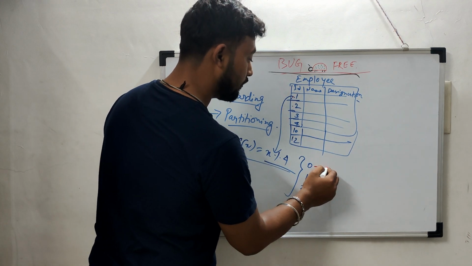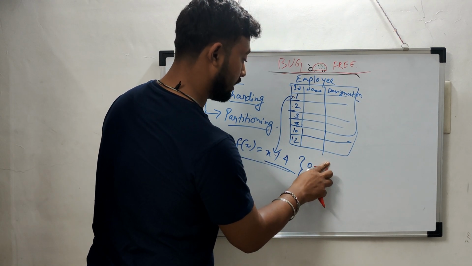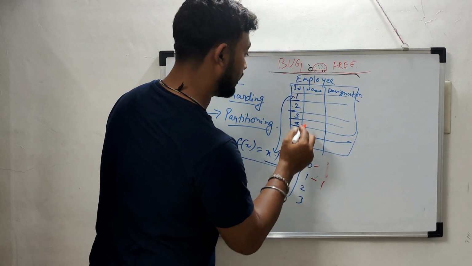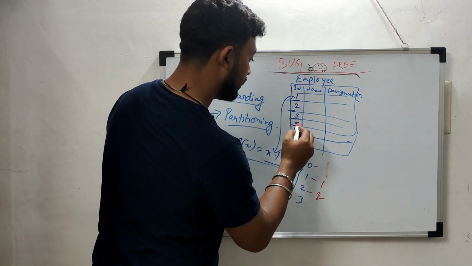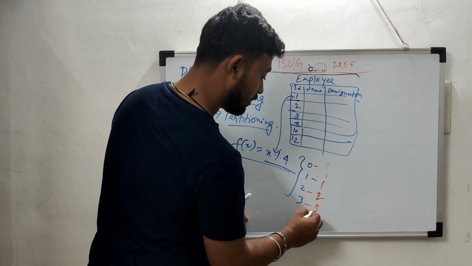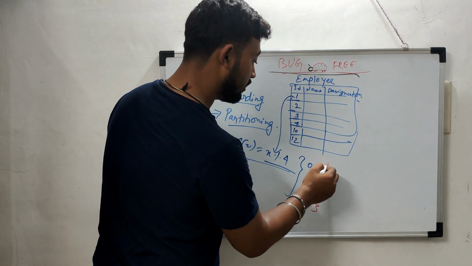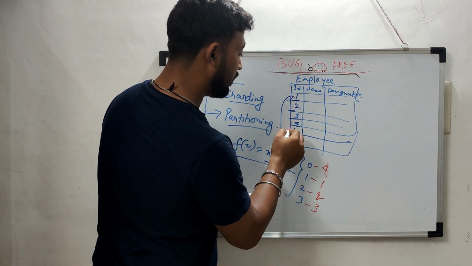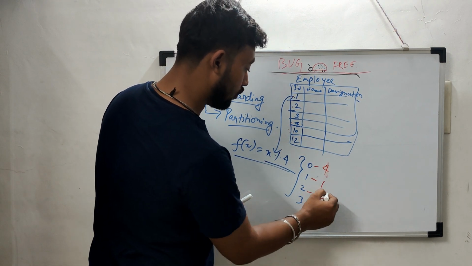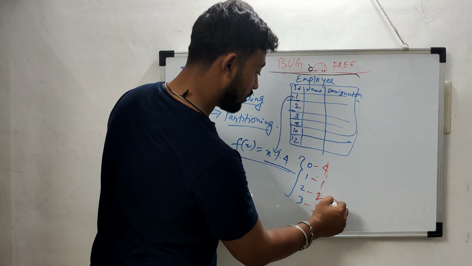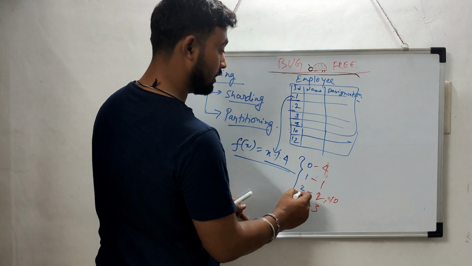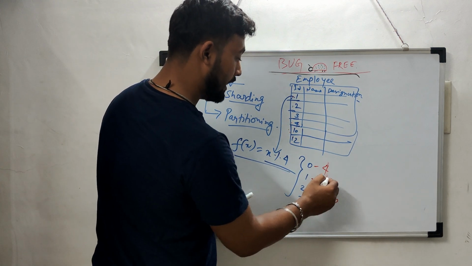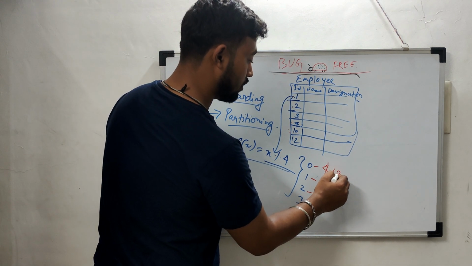This 1 went here, this 2 went here, this 3 went here, but this 4 went to 0. When we go for 10, it will go to partition key 2. When we go to 12, it will go to partition key 0.